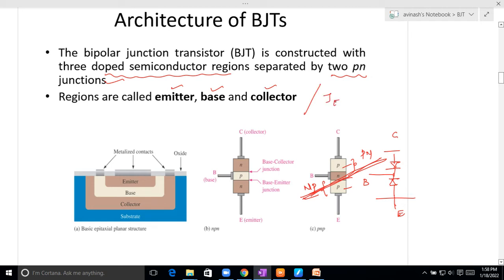We have the emitter junction and the collector junction. You can see here the basic epitaxial planar structure of a transistor, where we have emitter, base and collector, with metallized contacts. Hope you understand this point.